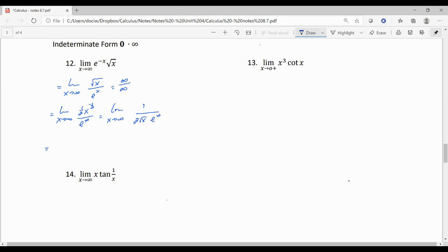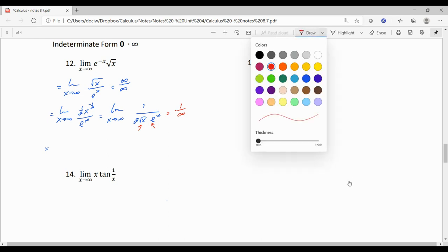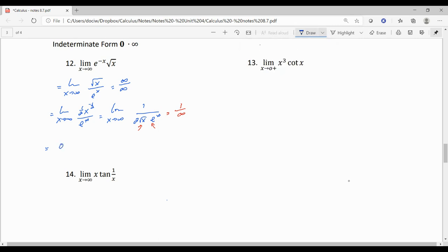You'll notice that as x approaches infinity, the square root of x is approaching infinity, and e to the x is approaching infinity. So my numerator is staying 1, and my denominator is getting infinitely large. If my denominator is getting infinitely large and my numerator is not, we all know that means we're approaching 0. So that limit is 0.